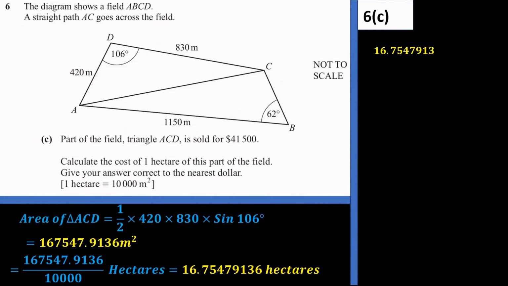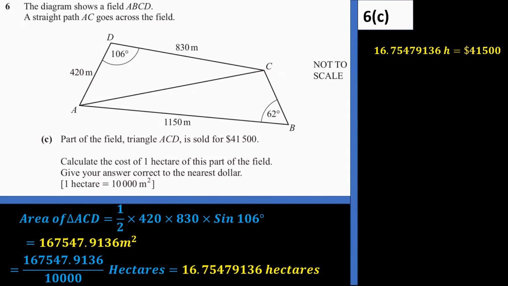Now we are told that this part of the field, triangle ACD, the entire area of that portion of the field, is sold for $41,500.